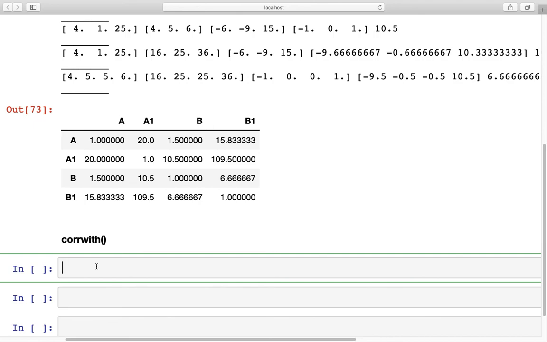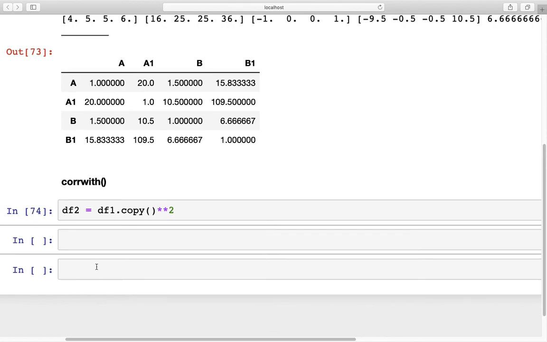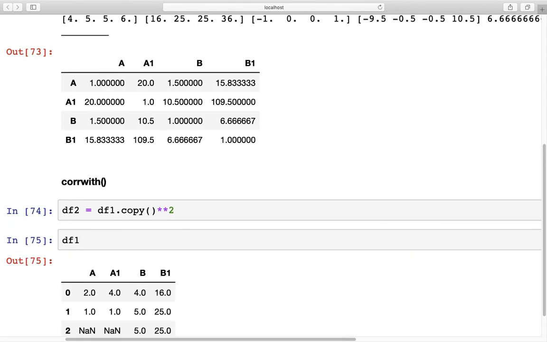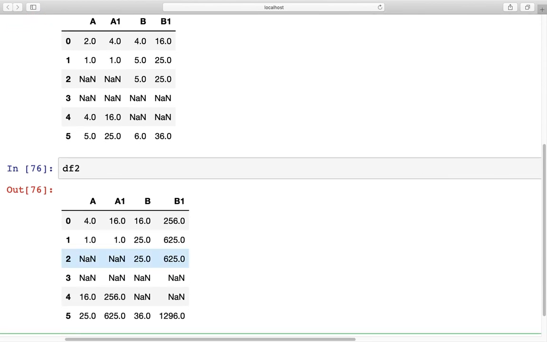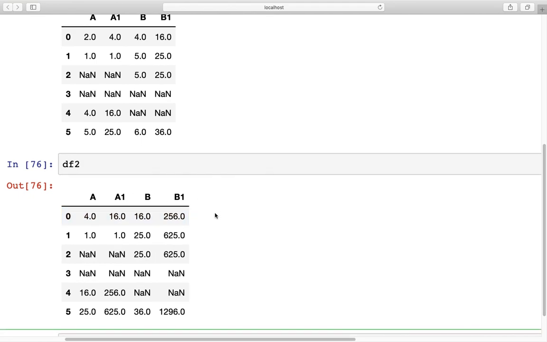So let's create another data frame df2, which is a copy of df1, so that we know the labels are the same, and we'll go ahead and change the values by squaring them. Now we have the df1 data frame, which looks like this, and then the df2 data frame, which looks like this. They both have identical indices and identical row and column names.